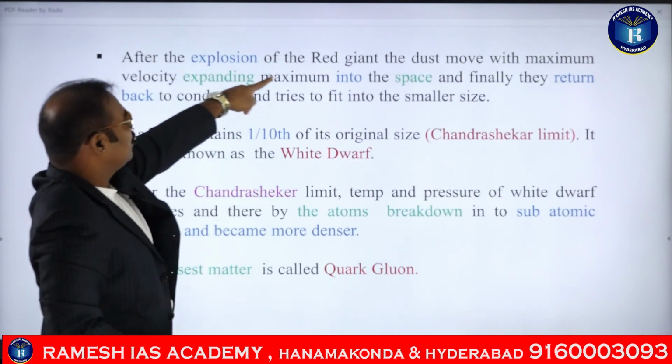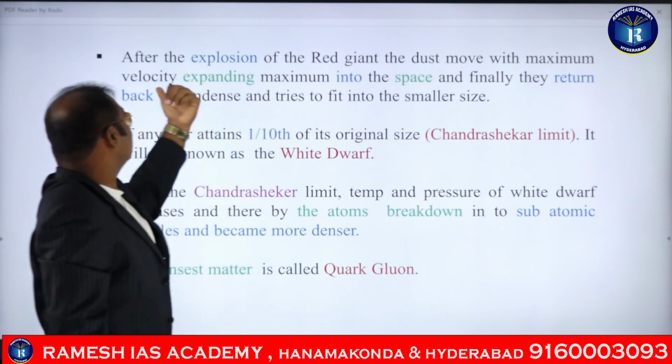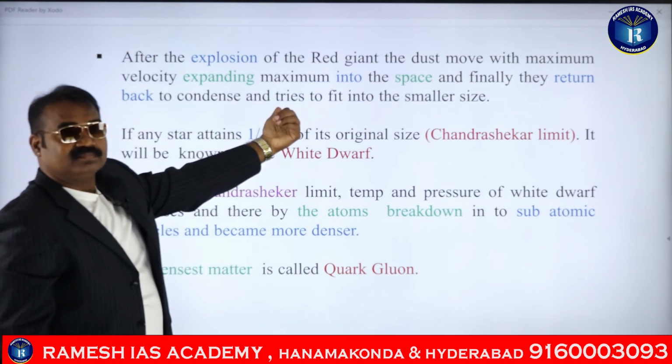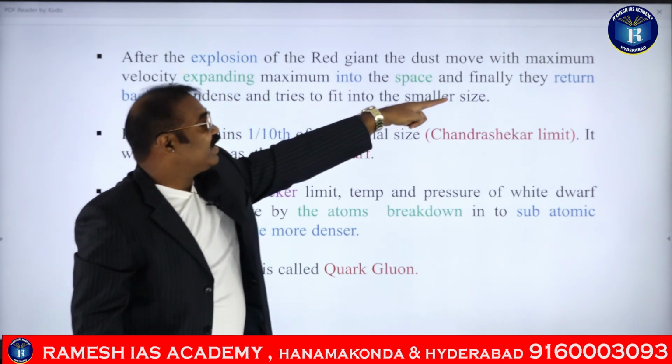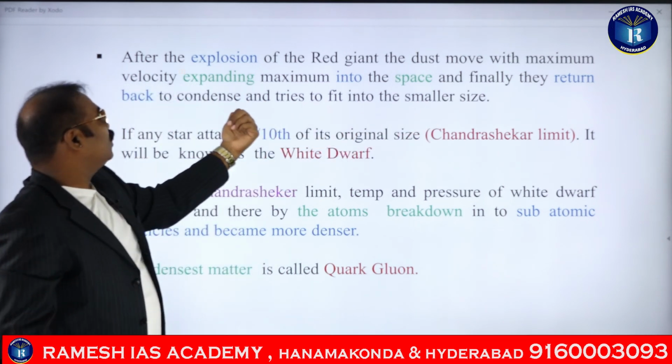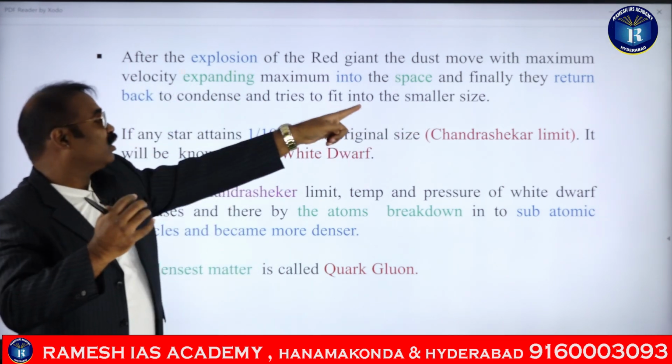So after the explosion of the red giant, the dust moves with the maximum velocity, expanding maximum into the space, and finally they return back to condense and try to fit into smaller sizes.